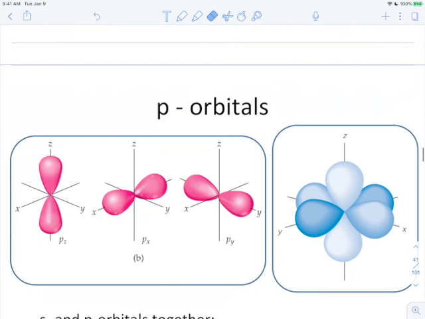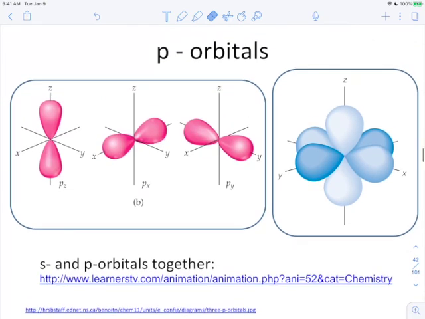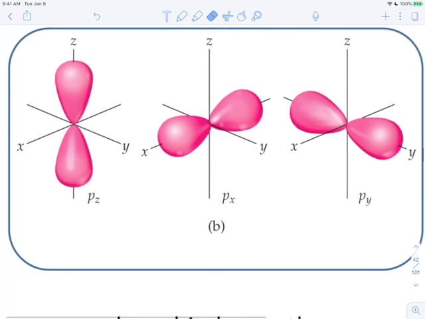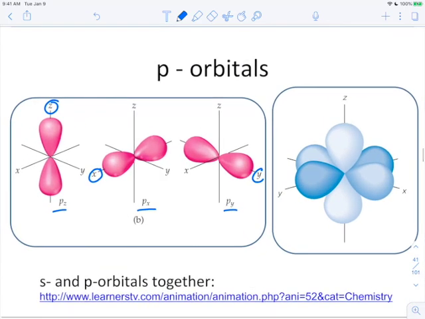All right. So here are those p orbitals, and let me zoom in here. Here's the px, the py, and the pz. So in your math class, you might have seen a 3-dimensional coordinate system, x, y, and z. So here's just saying that we have one p that lives on the x-axis, one that lives on the y-axis, and another one that lives on the z-axis. And when they all sit together, they look like this.